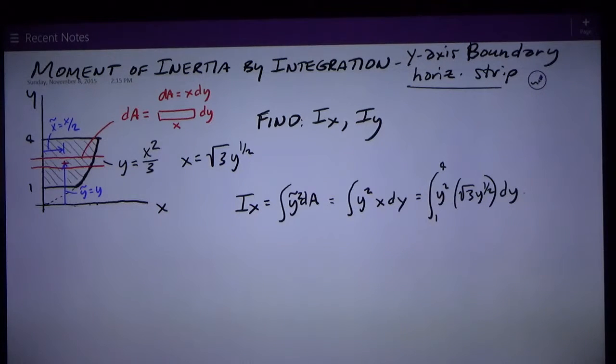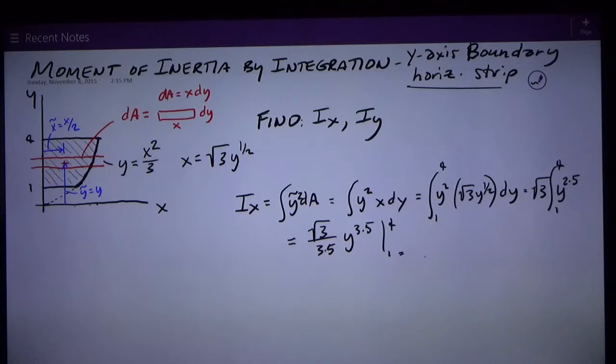So I can evaluate that as the square root of 3 and take it outside the integral. y to the 1/2 times y squared is y to the 2.5 power. And once again, I'm going to evaluate it from 1 to 4. So I can evaluate that as equal to the square root of 3 over 3.5, y to the 3.5 power, evaluated from 1 to 4.